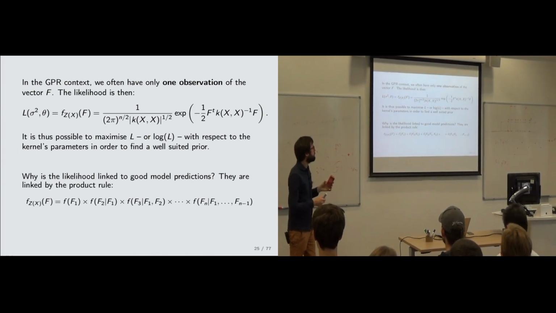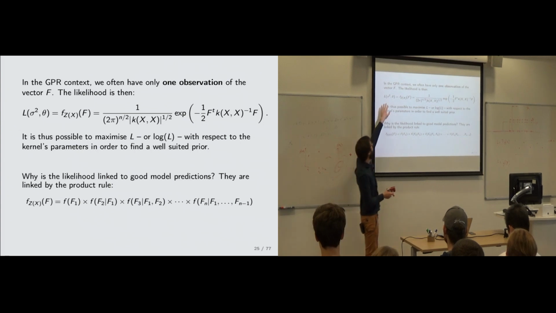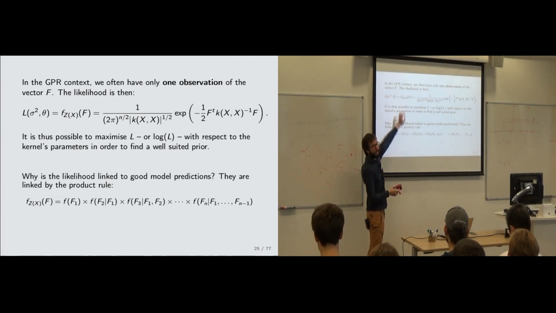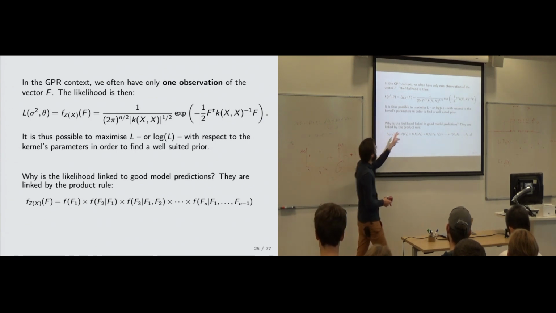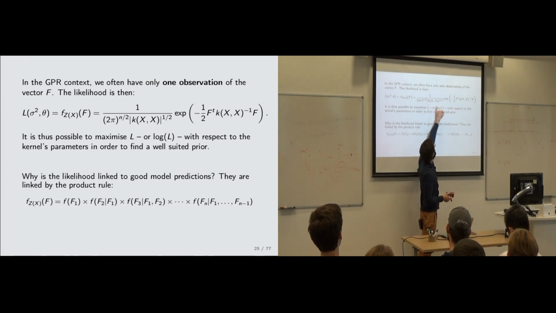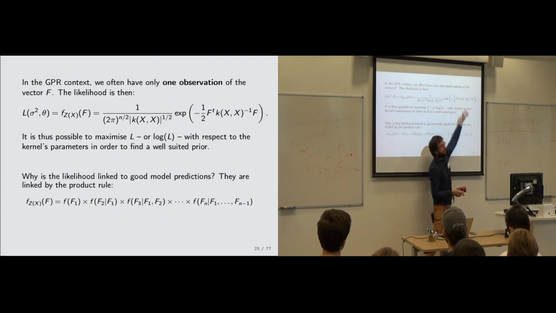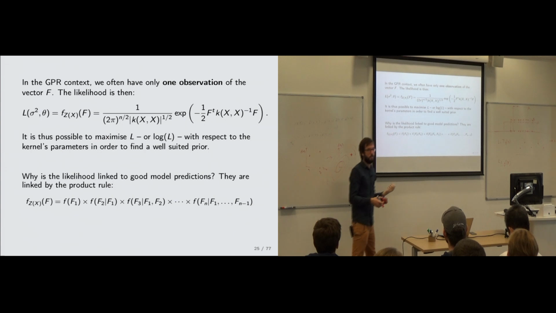Now, in practice, what we need to do is this: we have our likelihood, which is a function of the kernel parameters, but it can also be a function of the observation noise that we've seen before, if we don't want our model to interpolate. And we just need to evaluate this quantity, where k depends on these kernel parameters.